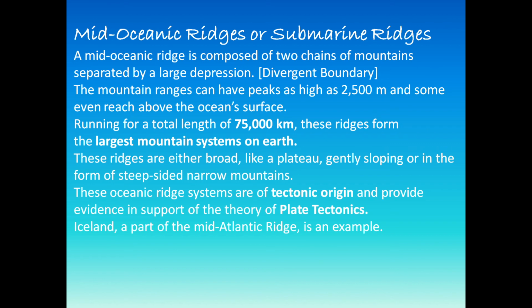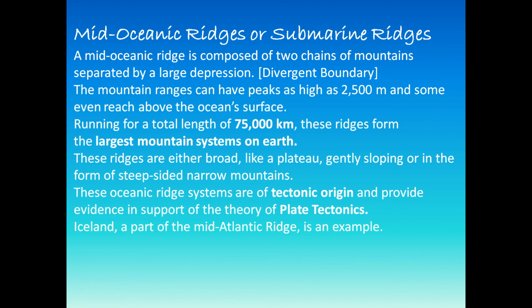Generally these ridges run a long length. Like the Mid-Atlantic Ridge is 75,000 kilometers. It's a very long ridge. These ridges are sometimes broad like a plateau. When they cover a very large area, they look like a plateau, but they are not a plateau.